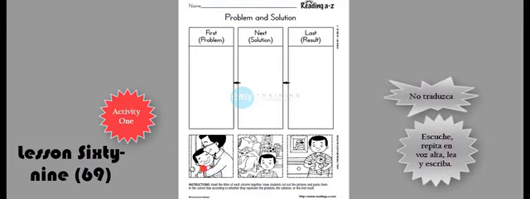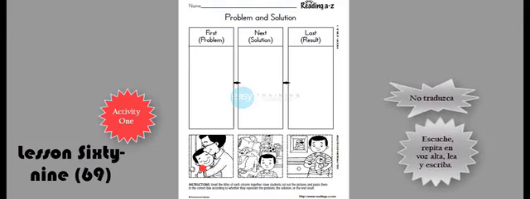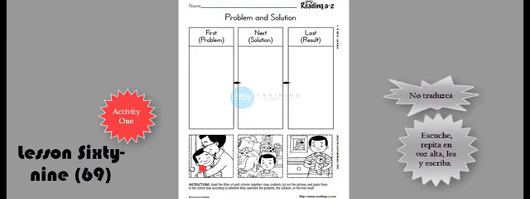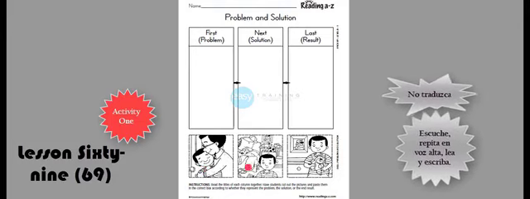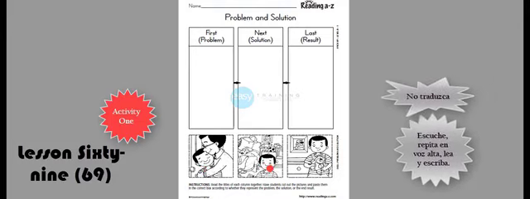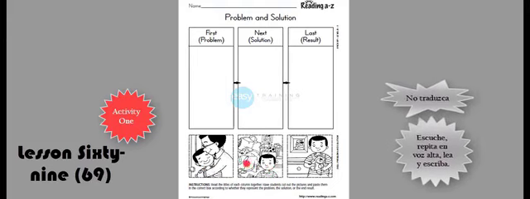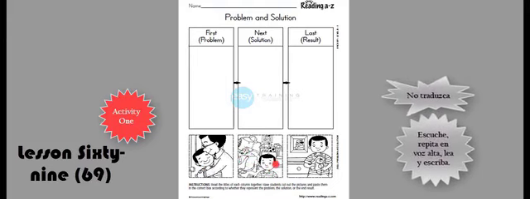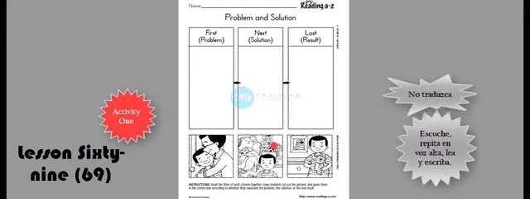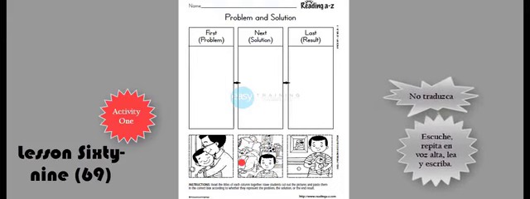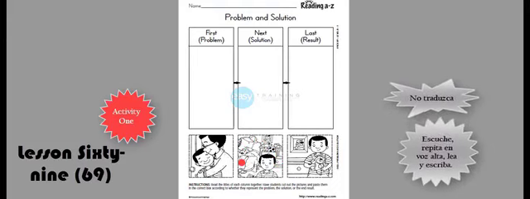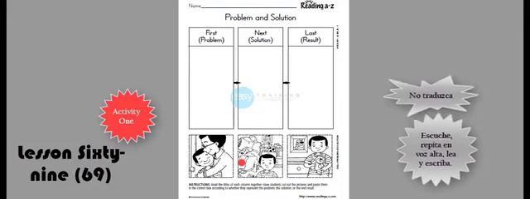The mother is hugging her boy porque algo ha ocurrido. In the next picture, we can see that the room is a mess. The room is a disorder. Is this the problem, the solution, or the result?